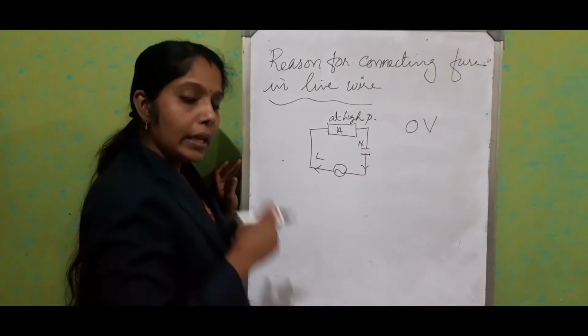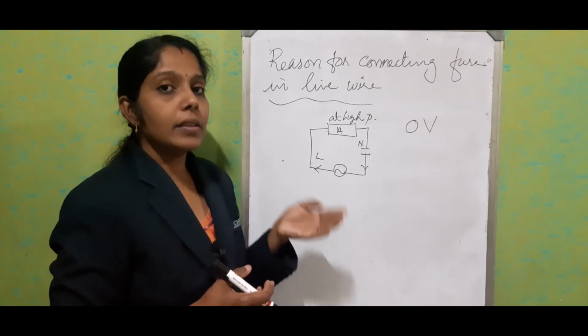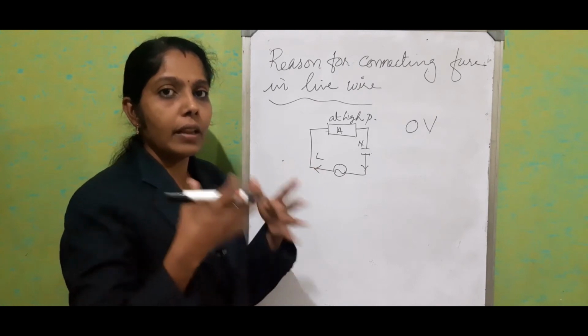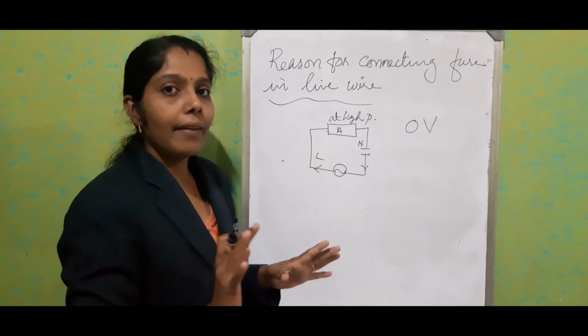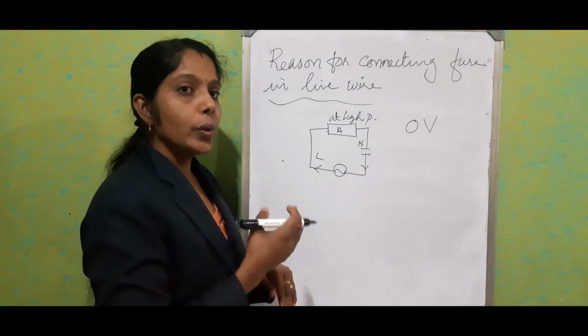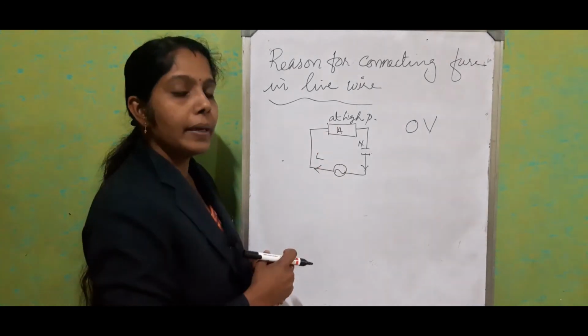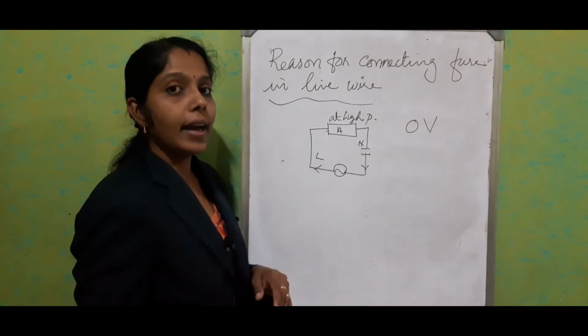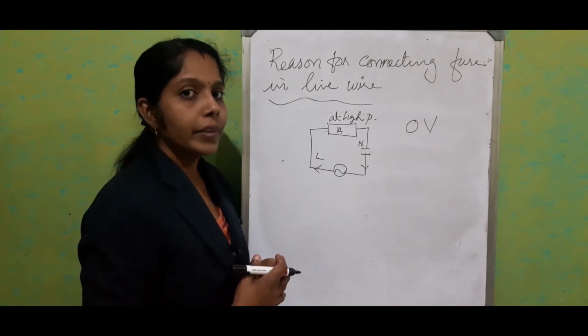When something switches off, we have a habit of going and touching the equipment to make it ready. If we touch it, what happens? The appliance is still at high potential and we are standing on the floor.